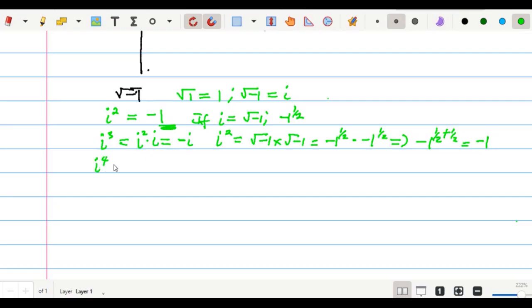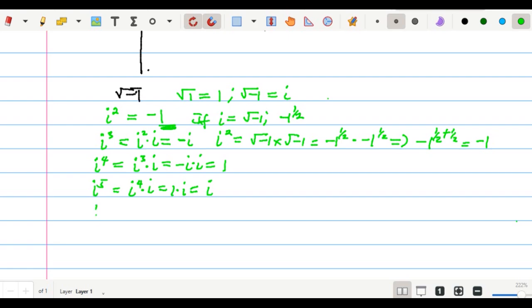So i raised to the power of 4 will be equal to i cubed multiplied by i, and we have minus i multiplied by i, which is going to give us plus 1, because i multiplied by i is i squared, and i squared is minus 1. So minus 1 times minus gives you 1. So i raised to the power of 5 is i raised to the power of 4 multiplying i, which is 1 multiplying i, which is equal to i.